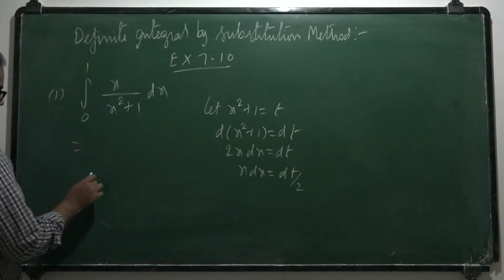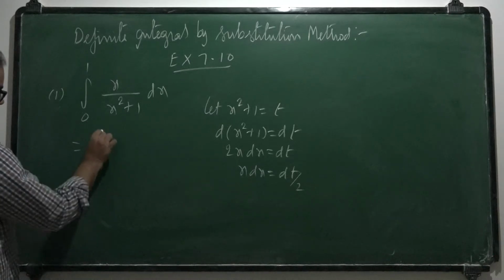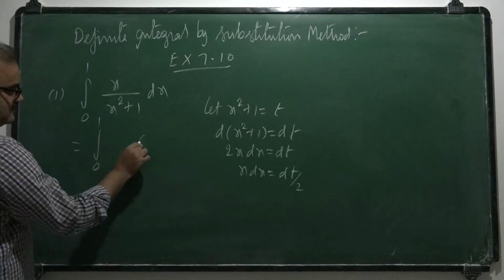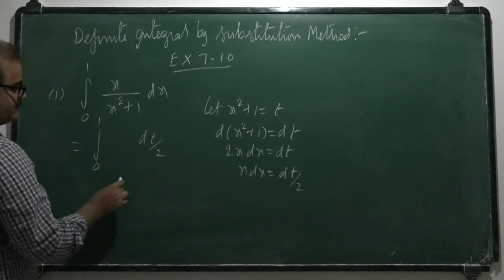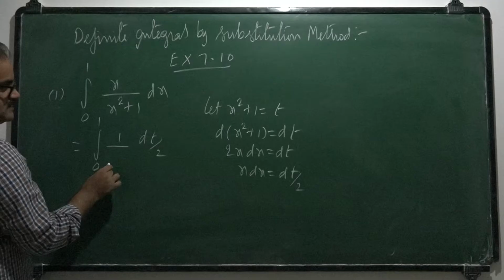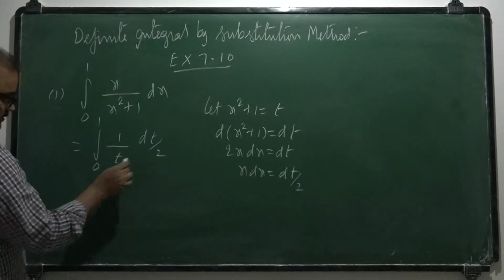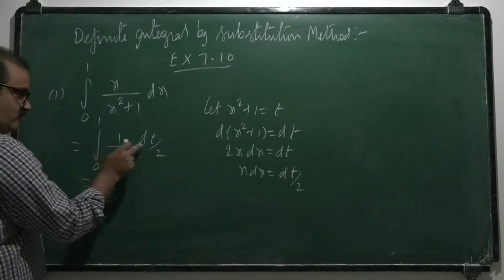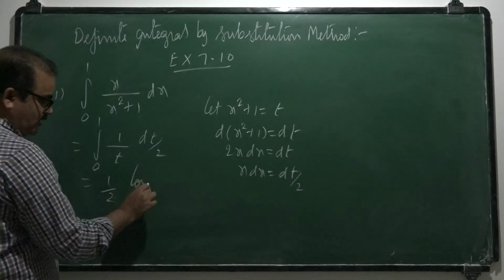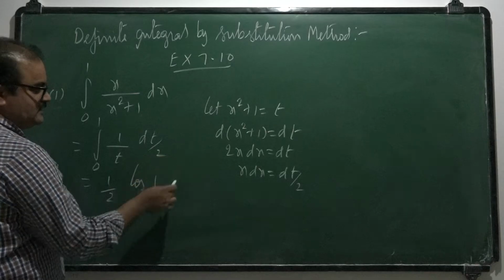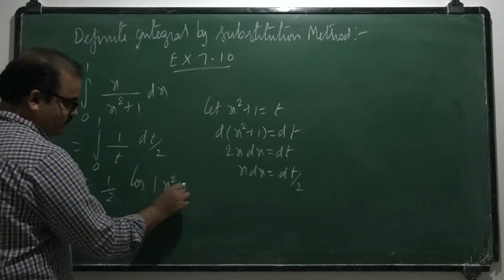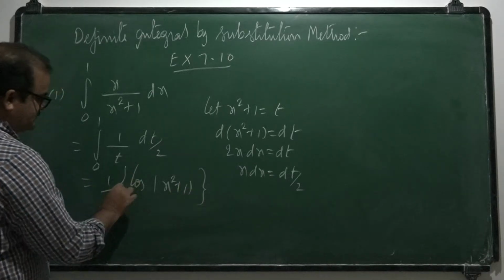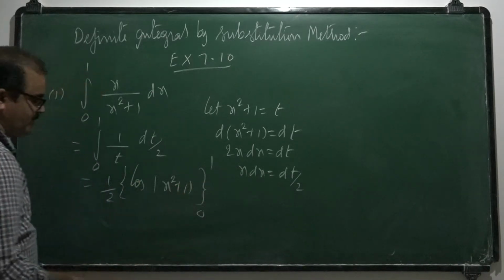Now this integration becomes integral 0 to 1 x into dx, dt by 2, 1 by x square plus 1, that is t, 1 by 2 into integral 1 by t, that is log mod t. But what is t here? X square plus 1, in between the limits 0 to 1.